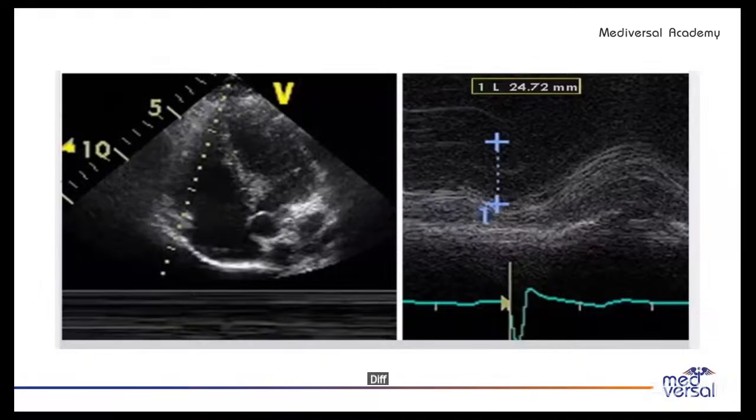Difference between parasternal long axis view and parasternal short axis view. See, I have to show you.